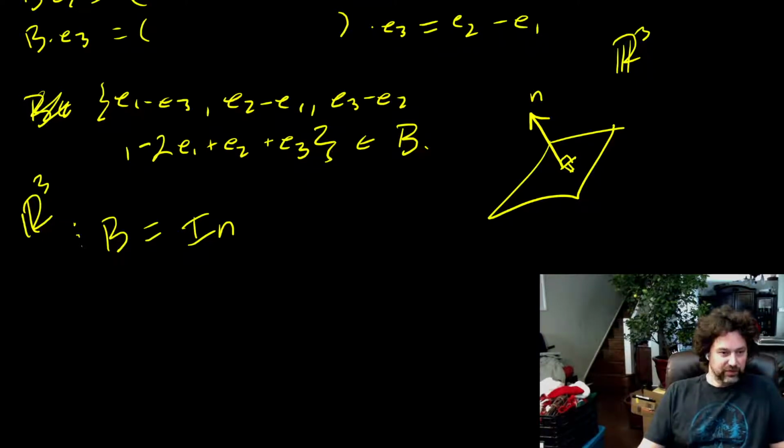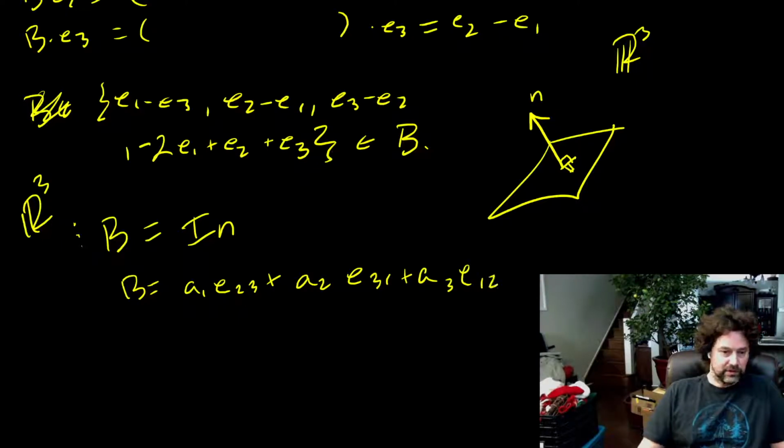We do the same thing for bivectors, and if we do that, let's say that b equals a1 e2,3 plus a2 e3,1 plus a3 e1,2. So we can compute, and so the normal n equals minus Ib or minus bI.